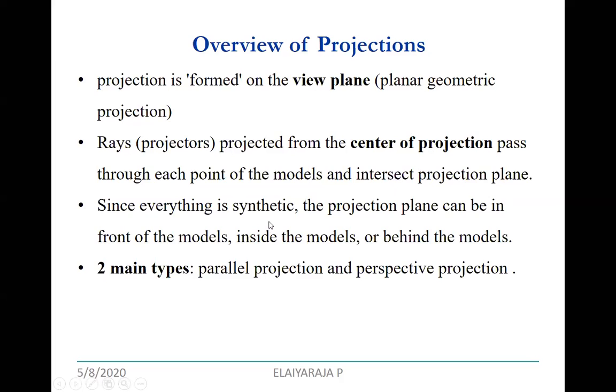Since everything is synthetic, which is not realistic, the projection plane can be in front of the model, inside the model, or behind the model. Based on that we have two different types: parallel projection and perspective projection.